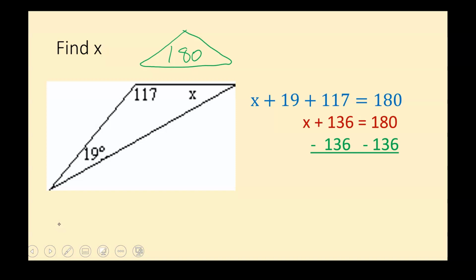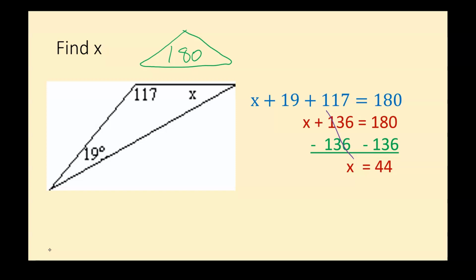The 136s cancel on the left, and 180 minus 136 gives us 44. So we know the third angle will be 44.